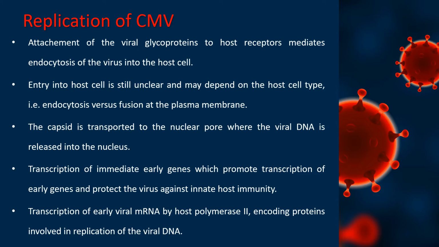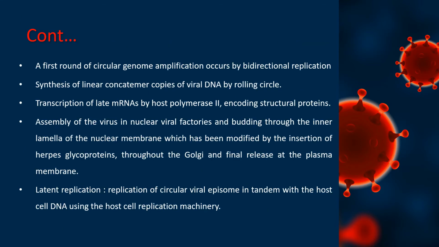And these early proteins also protect the virus against innate host immunity. This is the transcription of early viral mRNA by host polymerase II, encoding proteins involved in replication of the viral DNA.